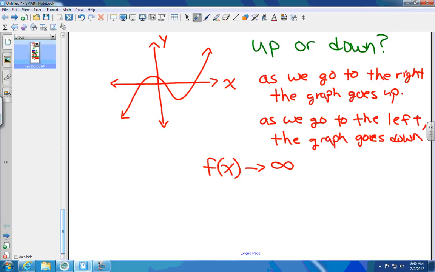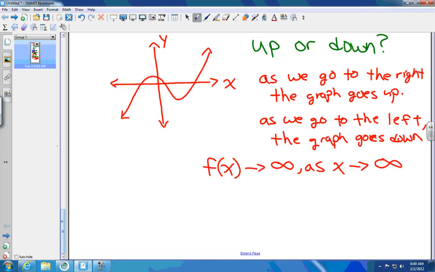So f of x goes up as we move where? To the right. And the way we write that is as x goes to positive infinity, because that's heading to bigger and bigger numbers.